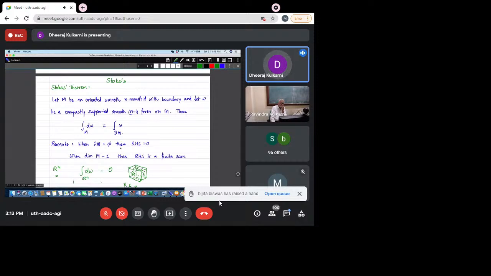So you can talk about an orientation preserving diffeomorphism or orientation reversing diffeomorphism. So you have to set up a diffeomorphism from M to some other manifold and then talk about its preservation, right? What was your question? I didn't quite follow.